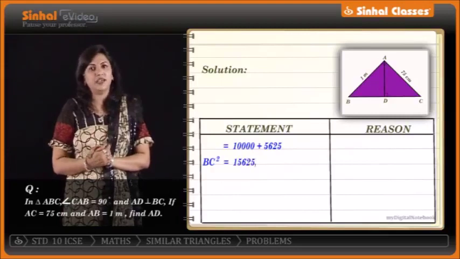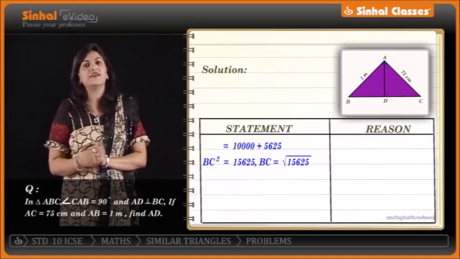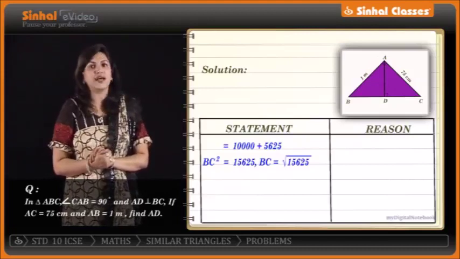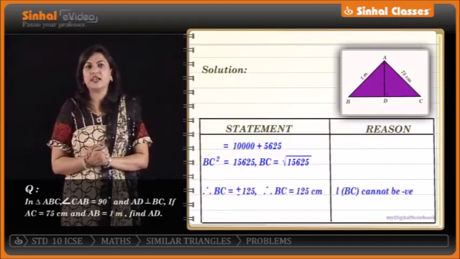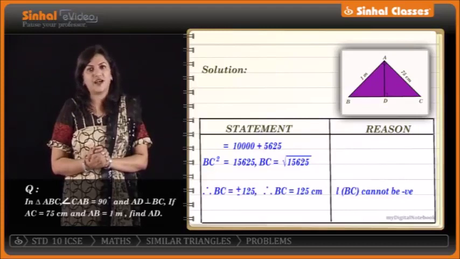So BC will be the root of this number. Now what is the root of this number? We can look into the square root table. We will get 125. So BC is plus or minus 125, but obviously BC cannot be negative, so BC is equal to 125.